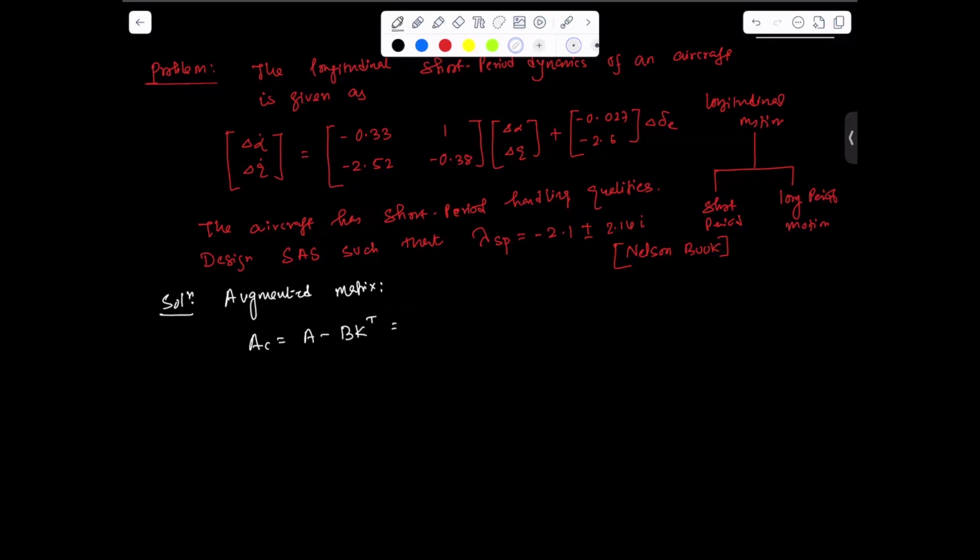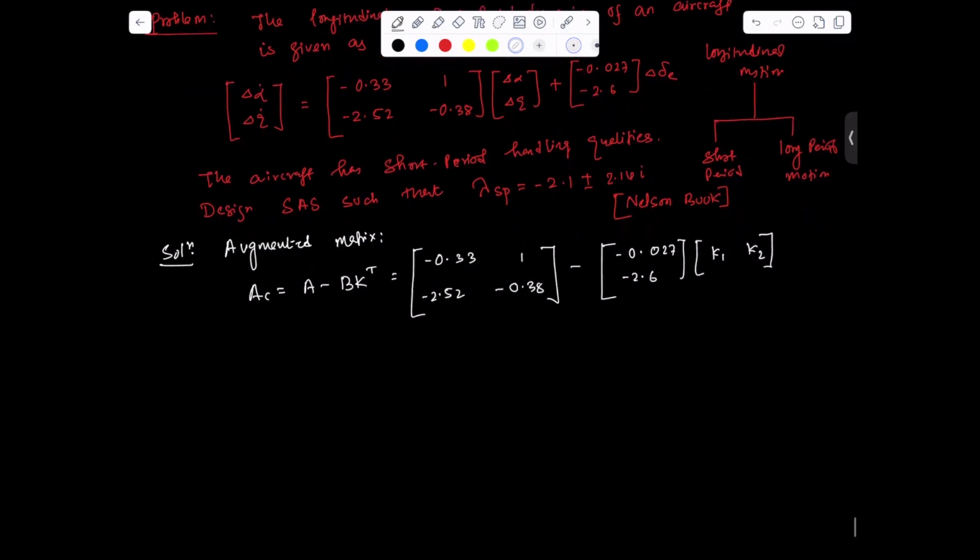If K is the column vector, then B K transpose will be a row vector. So here we have minus 0.33, 1, minus 2.52, minus 0.38. Then we have the B matrix, minus 0.027, minus 2.6, and the K matrix, K1 and K2.